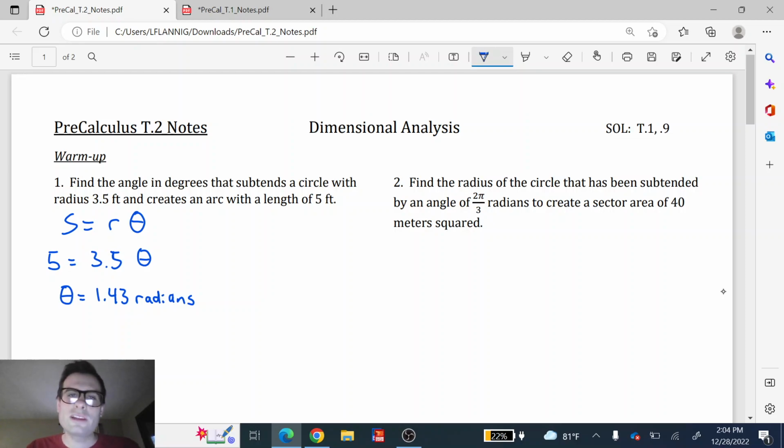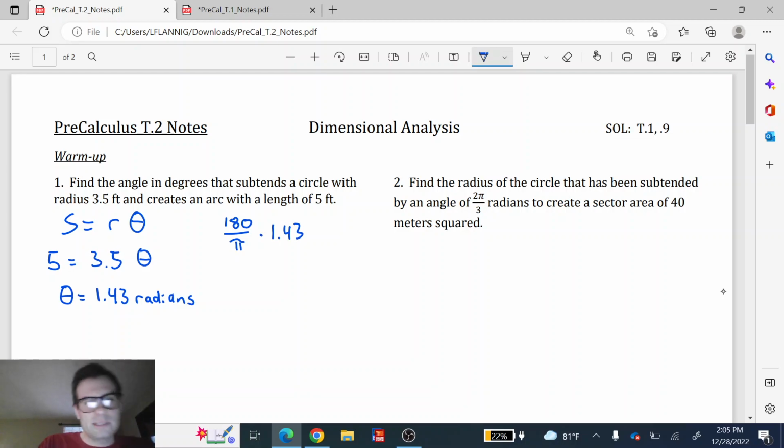To convert that into degrees, we use the formula we learned last video. In that video, we said that to convert radians into degrees, we do 180 over pi times the number of radians, which we know is 1.43.